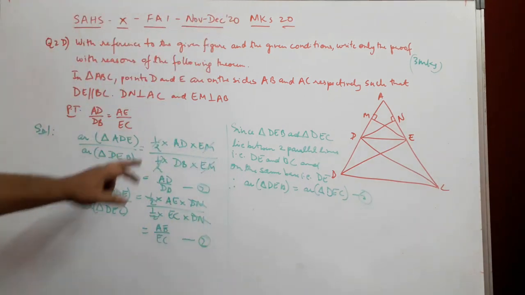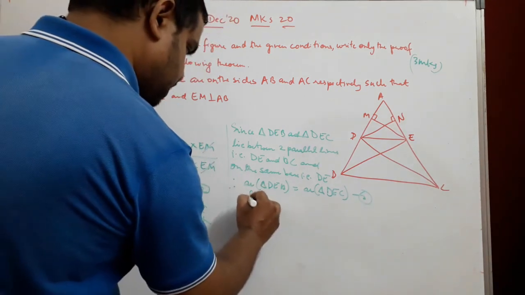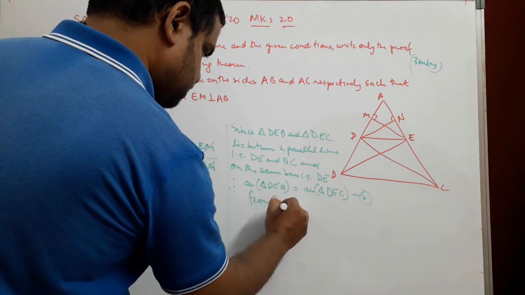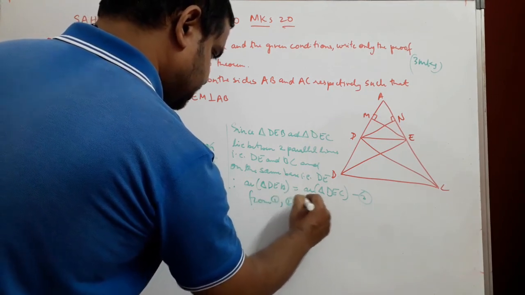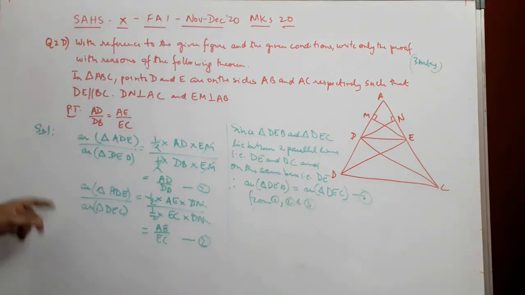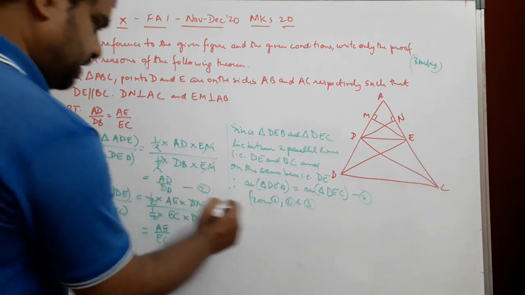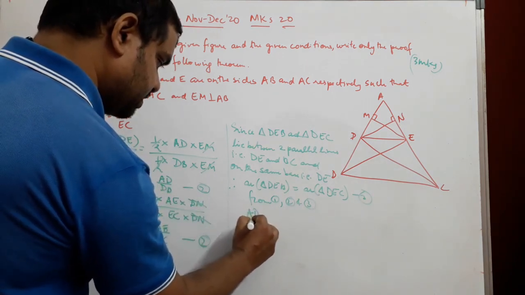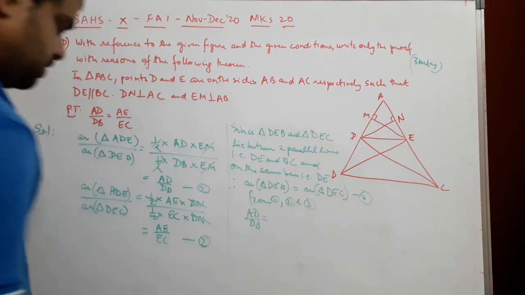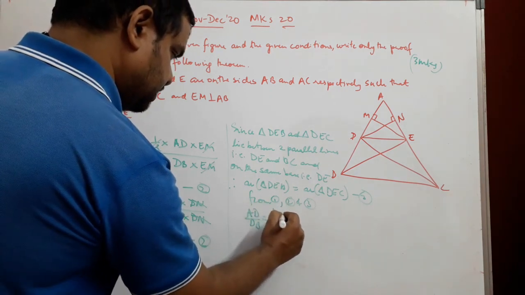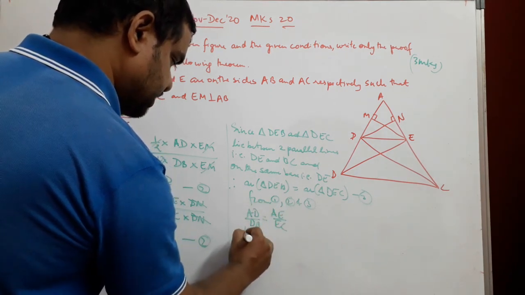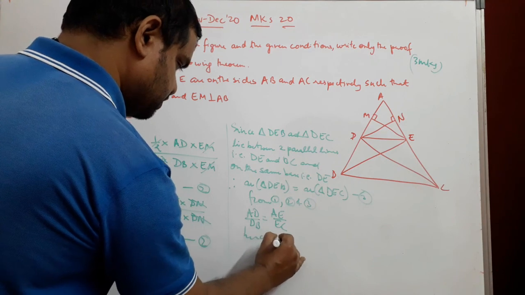Now we can take from 1, 2 and 3. So from 1, 2 and 3, what do we get? We get AD upon DB is equal to AE upon EC, hence proved.